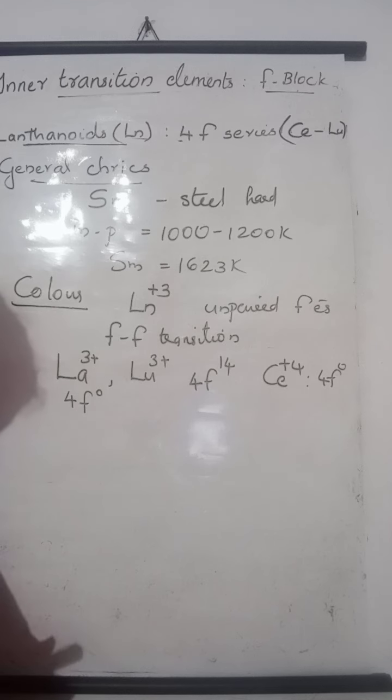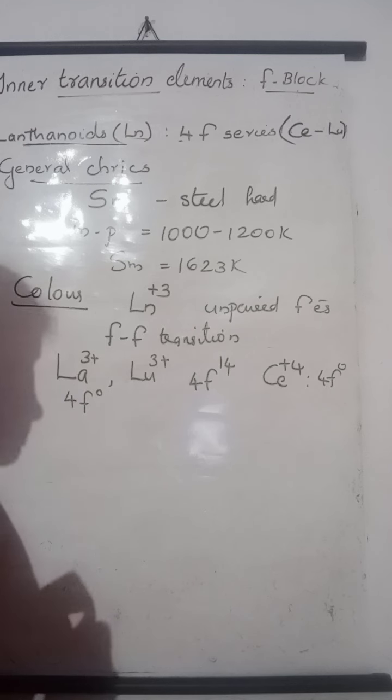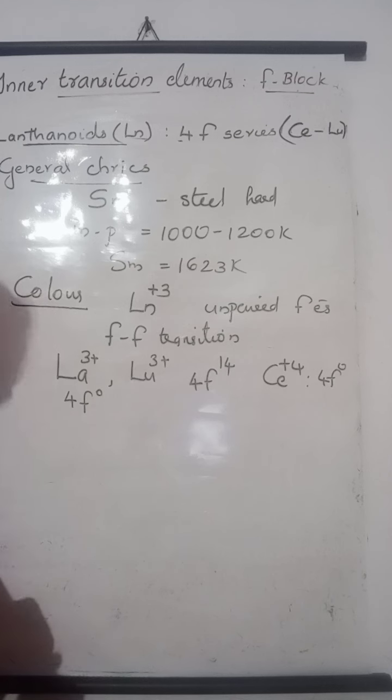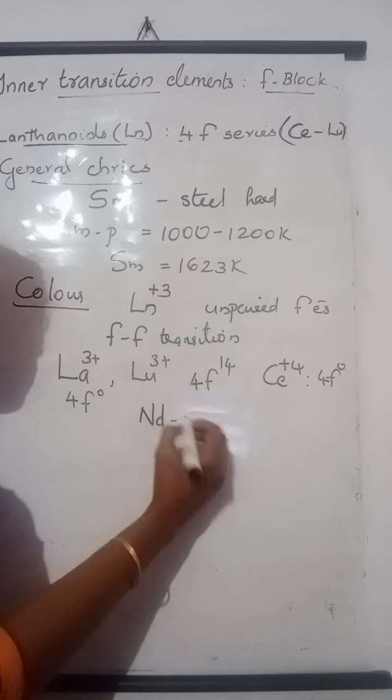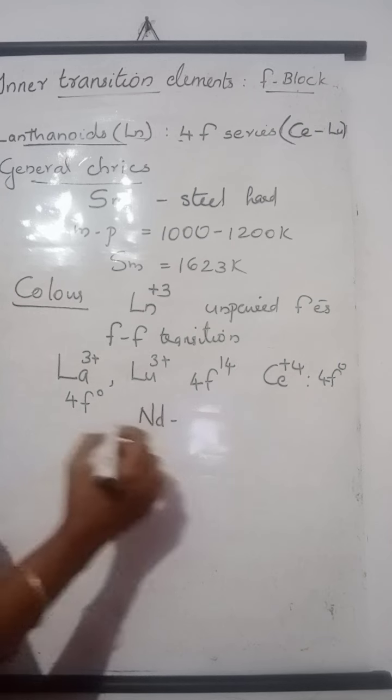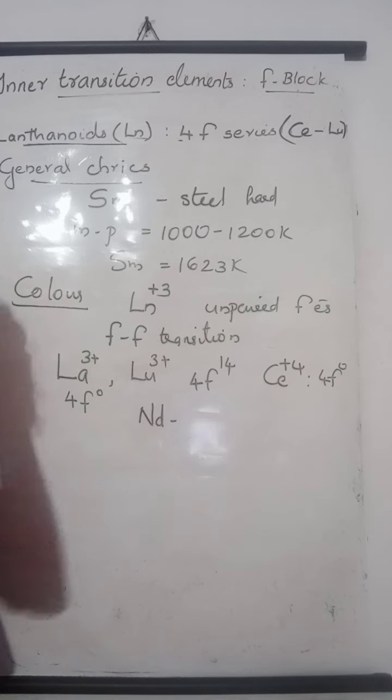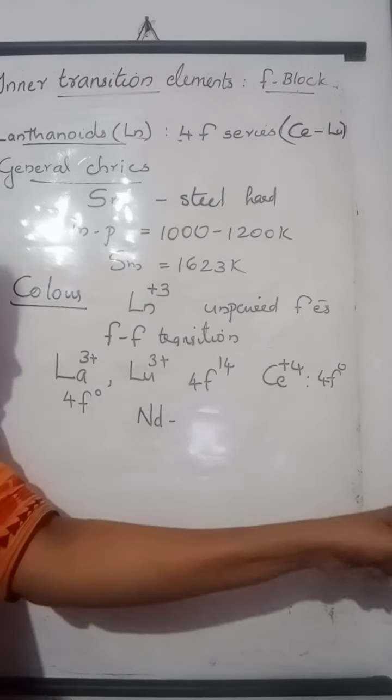orbital configuration. And most of the lanthanoid ions are paramagnetic. Paramagnetism is due to unpaired electrons. And paramagnetism is maximum in neodymium. And here also exceptions are there.